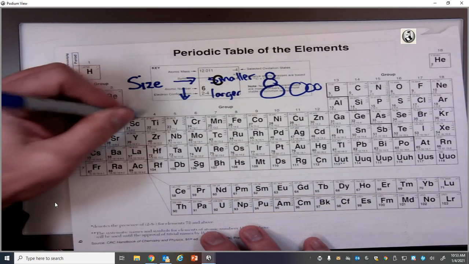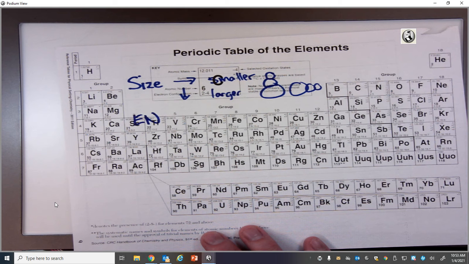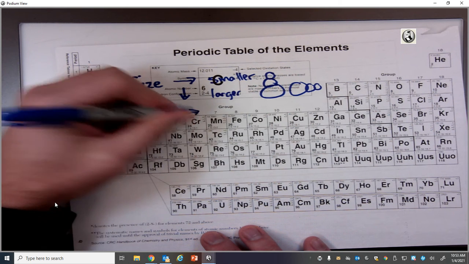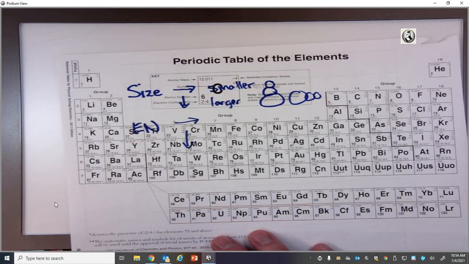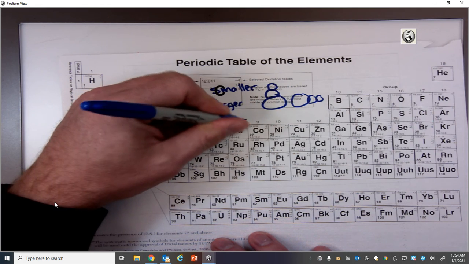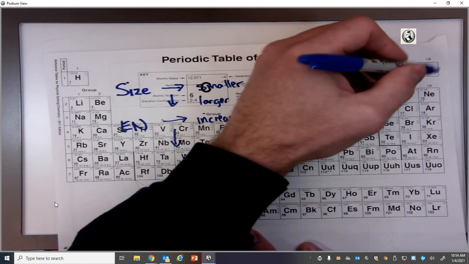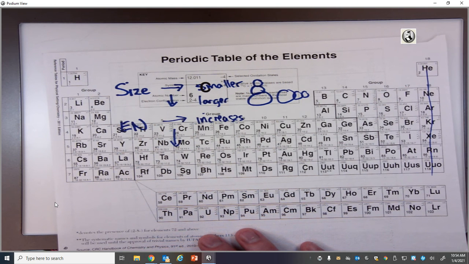Okay, electronegativity, I'm going to abbreviate electronegativity as EN. Remember, electronegativity is the ability to take an electron from something else. And we're going to have the trend as you go across the period. All right, as you go across the period, the electronegativity generally increases. All right, with the exception of group 18. Group 18 has no electronegativity because they don't want to gain any electrons. Okay, and if you look on your table S, it's not even going to have a value for electronegativity for those.